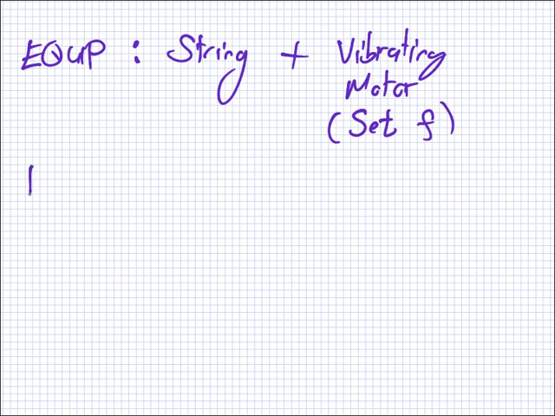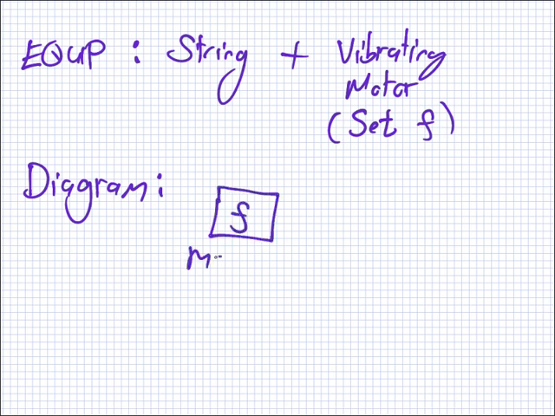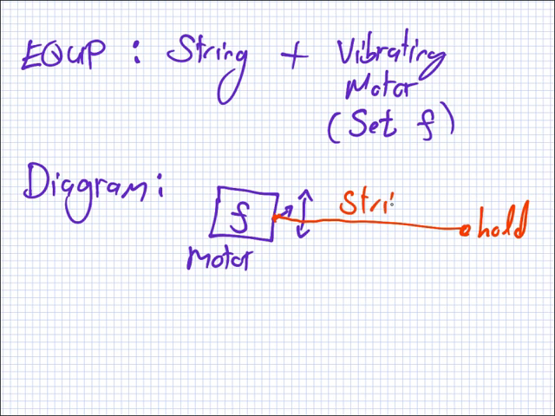And then the diagram, very simple. You have your motor, you set the frequency, and there was a little arm here that vibrates up and down, and then you have the string here, and then you hold it here, and this is the string.